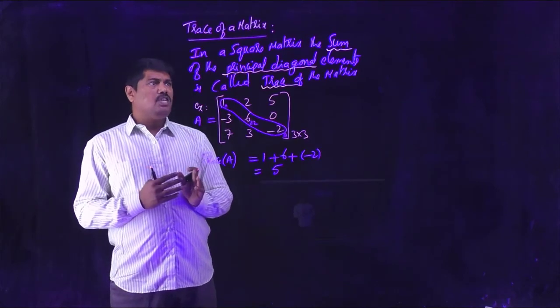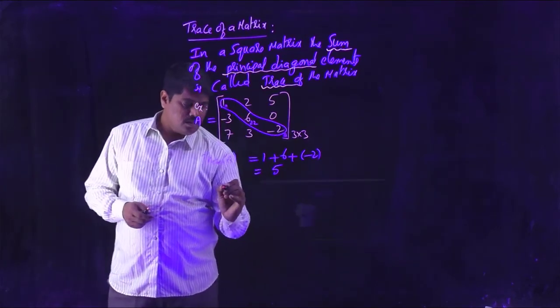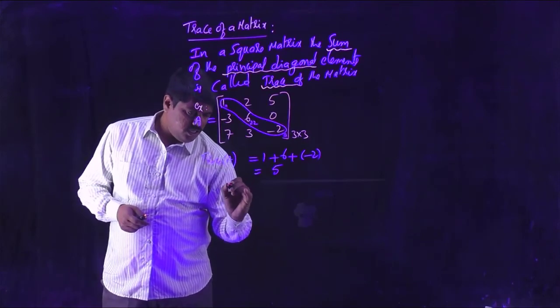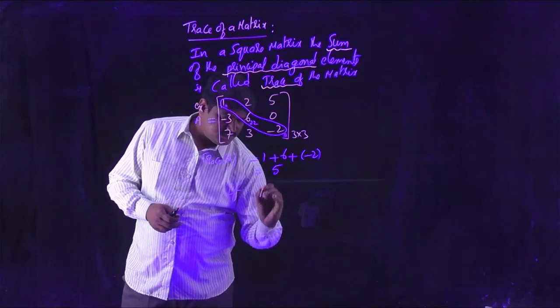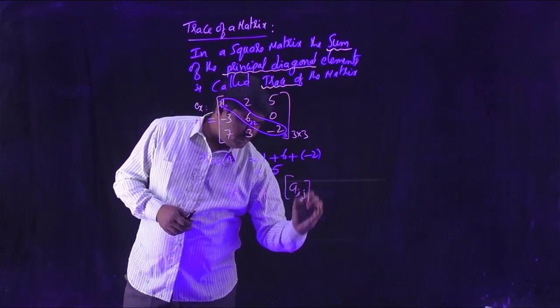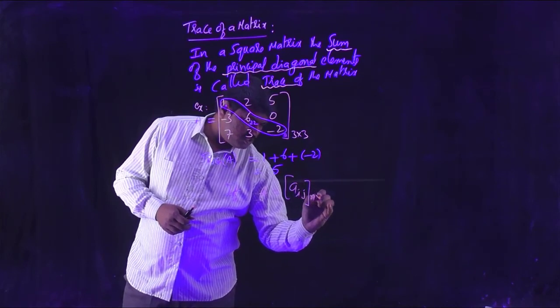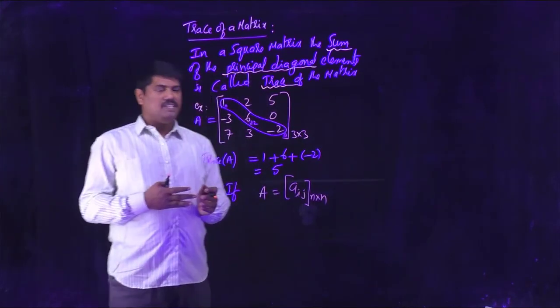In notation point of view, you can express the definition like this. If you consider any matrix A equal to Aij, generally elements are denoted with Aij notation.